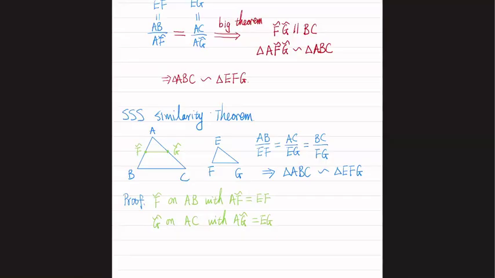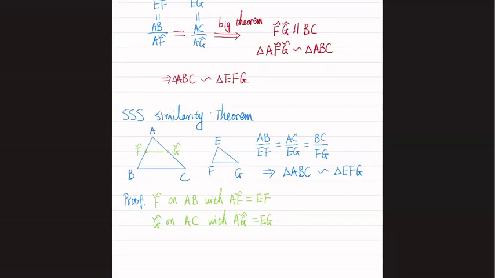Okay. Now we are in a slightly different situation than we have been before. Before, the two angles are congruent, the two triangles are congruent. Now we don't have this angle condition. We only have the two sides.